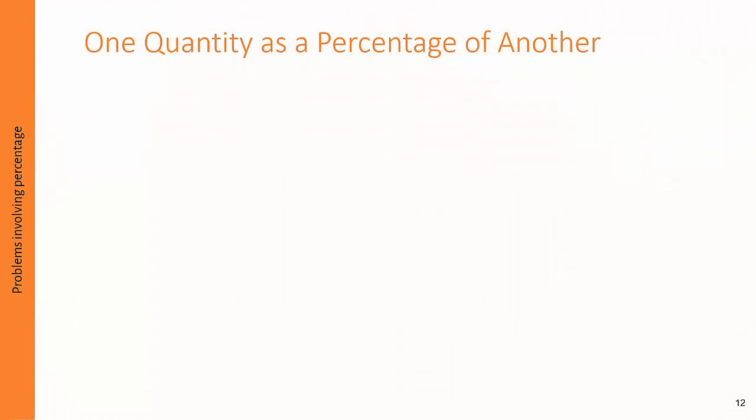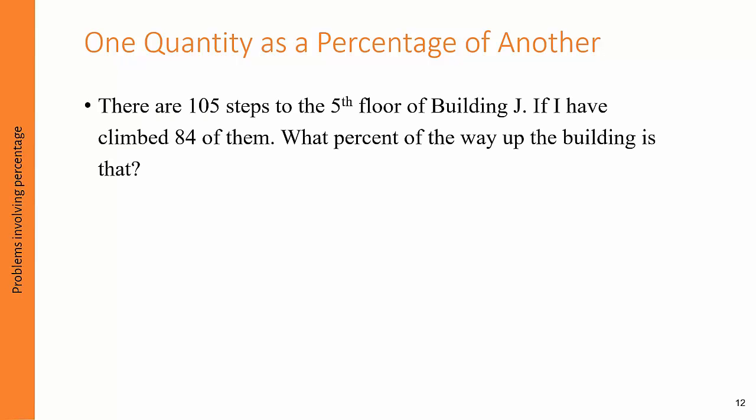Let's see how we can express one quantity as a percentage of another. Some time ago, the elevator in Building J was not working. My office is up on the 5th floor, and I had to climb 105 steps to get up there. So to amuse myself one day, I worked out what percentage of the way I was up. I had climbed 84 steps.